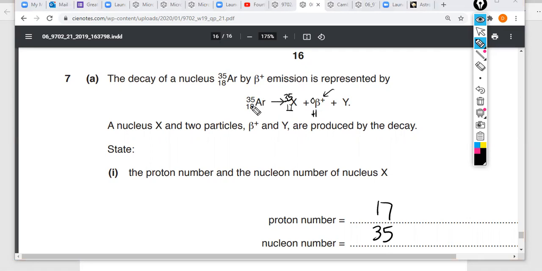So what happened? The proton number went down. It's like a proton became a neutron. And so the nucleon number doesn't change, because remember, this value on top is the number of both protons and neutrons. So this number decreases, but it's just that one of the positive charges became a neutral charge.